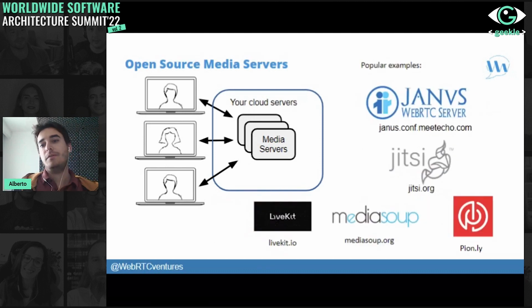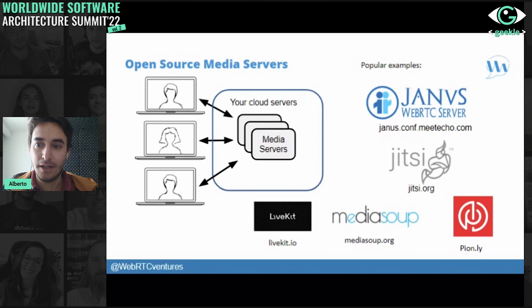So one interesting way to build your architecture is just using open source media servers. There are, of course, also paid ones. And here I just mention some of the popular open source ones, like Janus, Jitsi, Pion, MediaSoup, LiveKit. Probably you have heard about some of them, maybe you have even used them for some video conferencing.